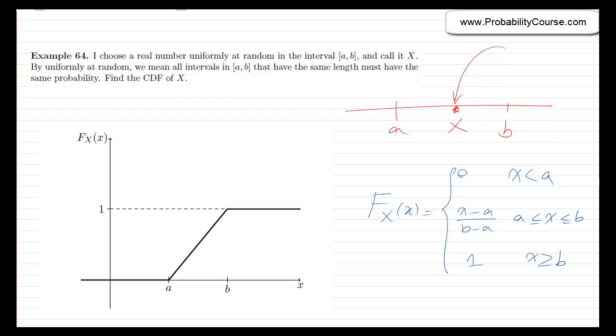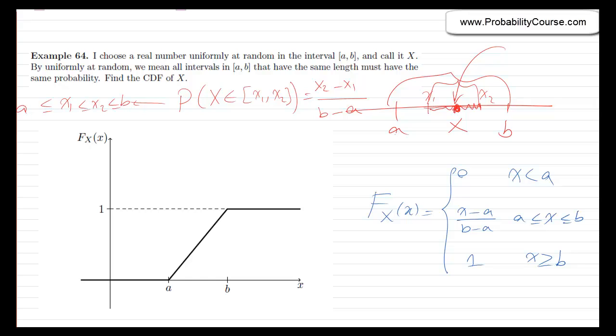So basically that's my random variable X. And we specifically said that X is chosen uniformly from a to b, which means that the probability that X is between x1 and x2 is going to be the length of the interval, x2 minus x1, divided by the total length of the line segment from a to b, so over b minus a. Of course, this is true for x1 larger than a and x2 less than b.